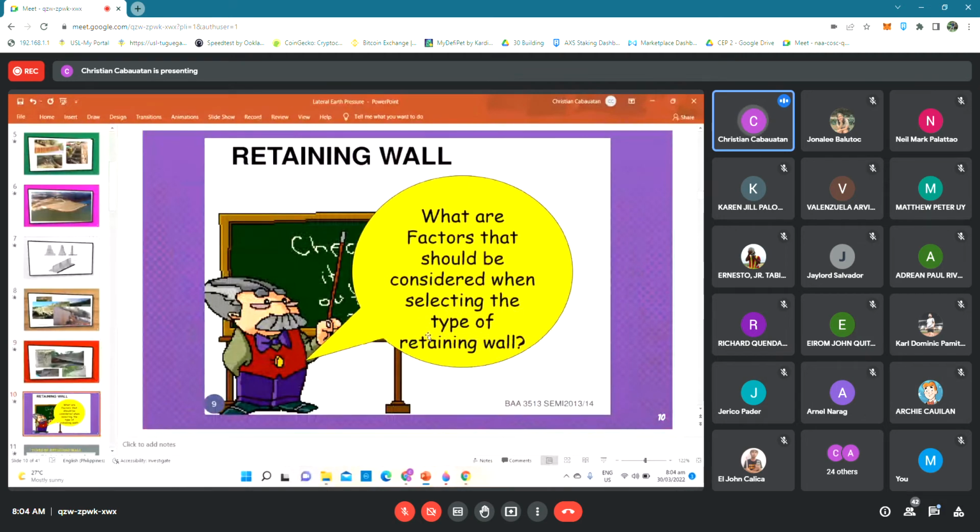So retaining wall. So what are the factors that should be considered when selecting the type of retaining walls, okay? So yun, after this, we would be able to understand kung ano yung mga types na pwede natin gamitin, okay?